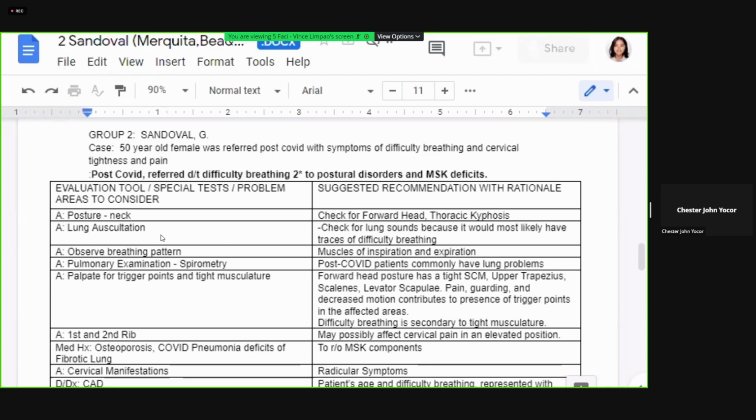So mainly we've talked about as therapists, we would look at mainly the observation part. Is the patient having problems during inspiration or expiration? So if the patient has problems for inspiration, we would likely detect problems mainly on the secondary muscles for inspiration, mainly your, what is written here, scalene, levator scapulae, upper traps, and the like.